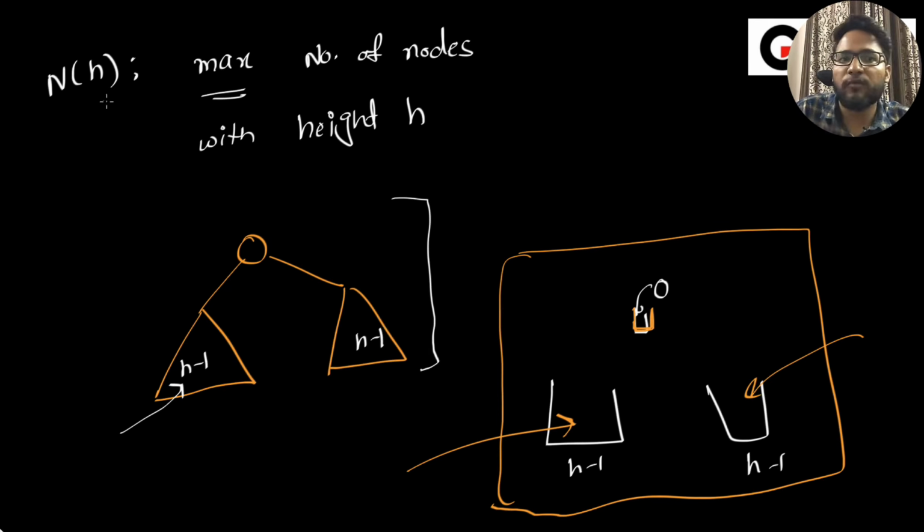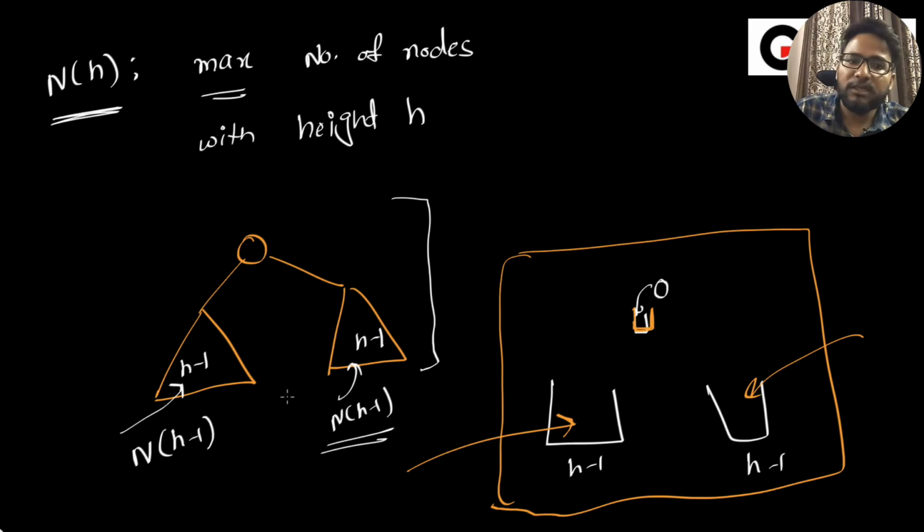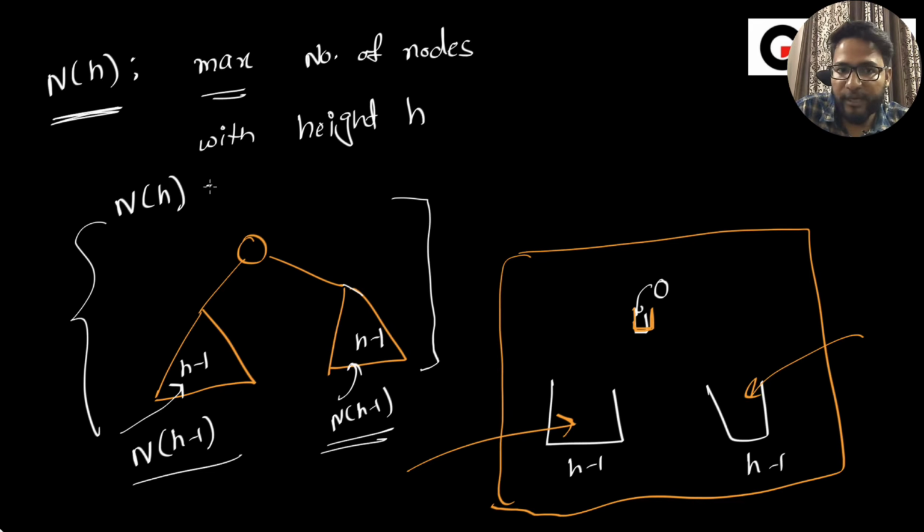The maximum number of nodes with height h is N_h. So for height h-1, it is N_(h-1). Which means the maximum number of nodes for the left subtree will be N_(h-1), and for the right subtree will be N_(h-1), and for the complete tree will be N_h. So there is a relation between N_h and N_(h-1): N_h = N_(h-1) + N_(h-1) + 1, left plus right plus 1.